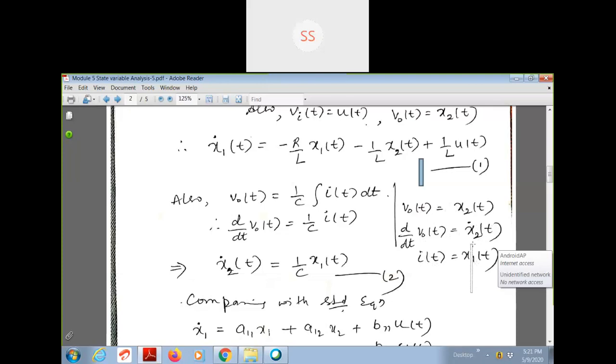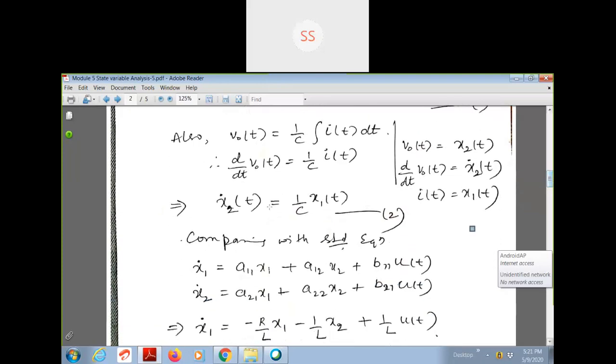So replacing with these terms, we are now able to write the second state equation: x2 dot of t equal to 1 by c into x1 of t. Now call this the second equation.